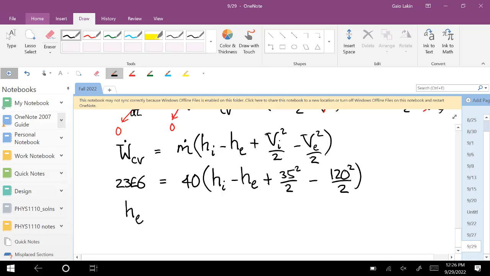So he, from the table, is 2567.4 times 10 to the third joules per kilogram.